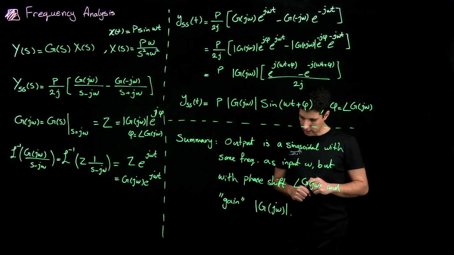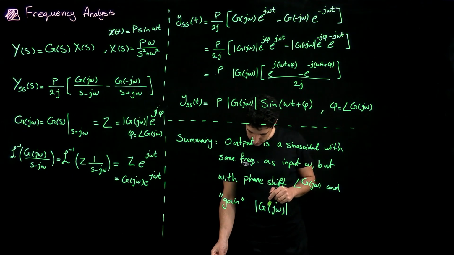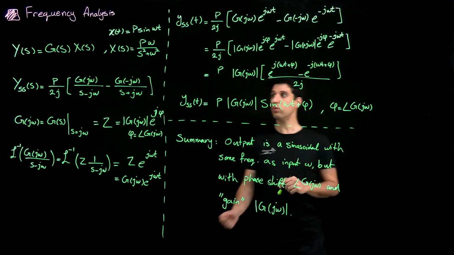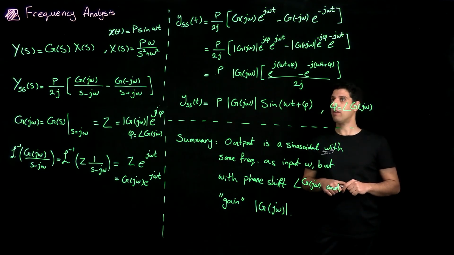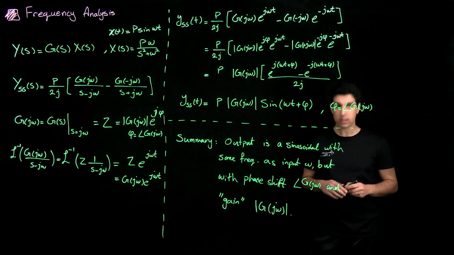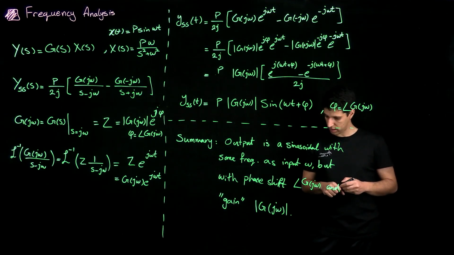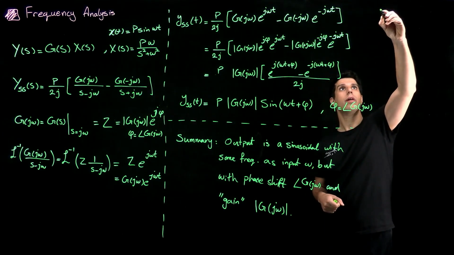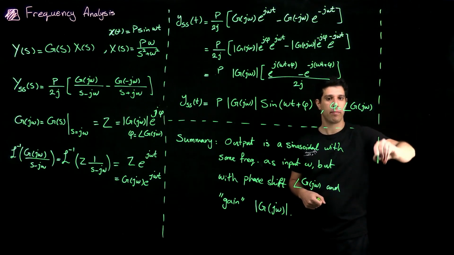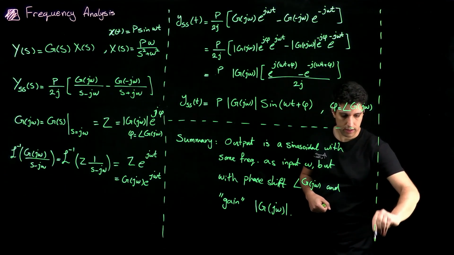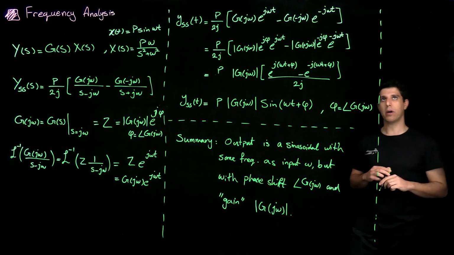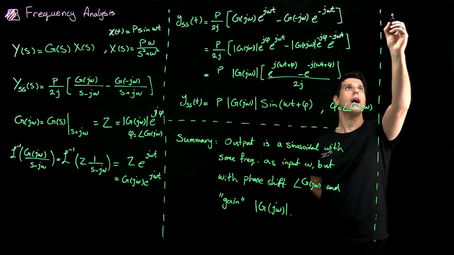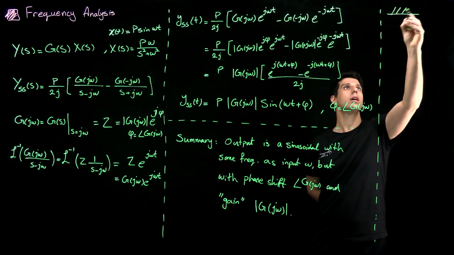Is there anything I'm missing here? So no. Maybe I have to erase this because there isn't much space. To look at one example, let's go back to the punching bag that I had at the beginning.